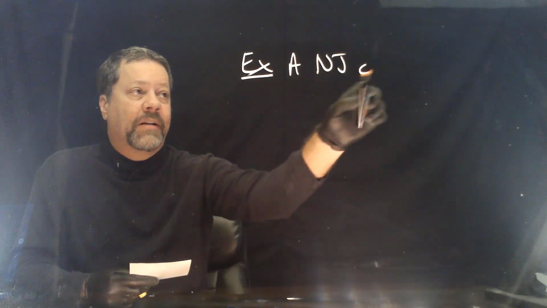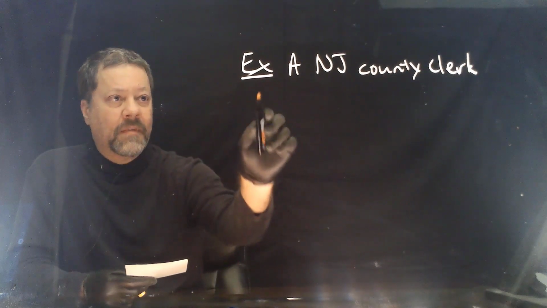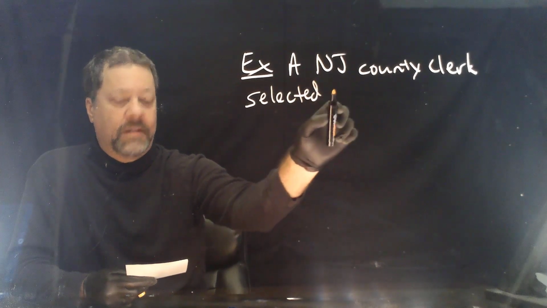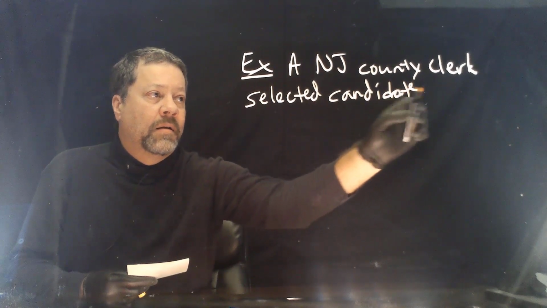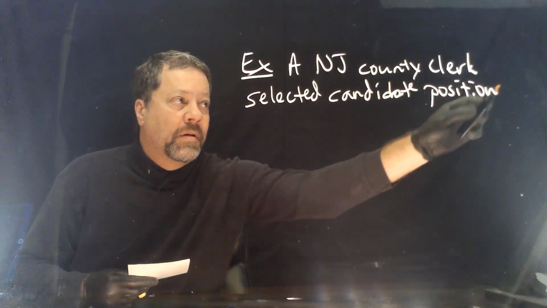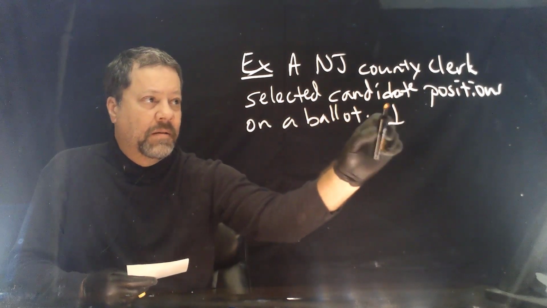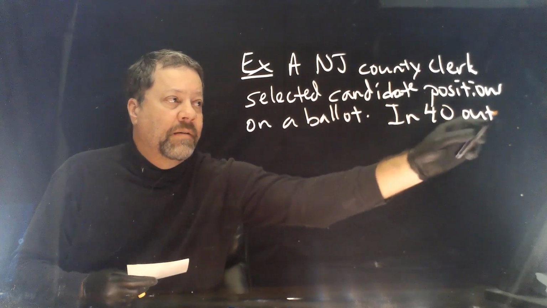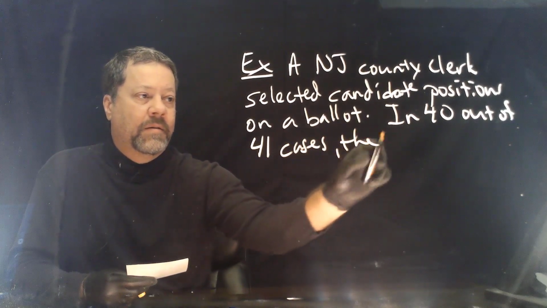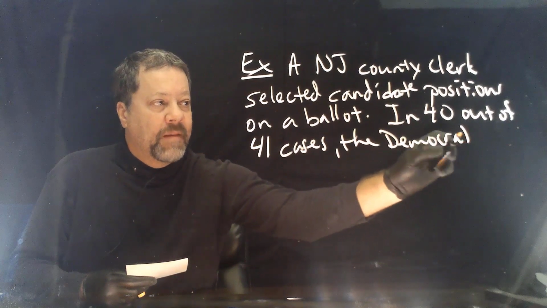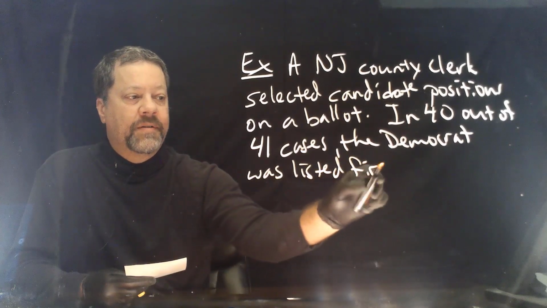A New Jersey county clerk selected candidate positions on a ballot. In 40 out of 41 cases, the Democrat was listed first.